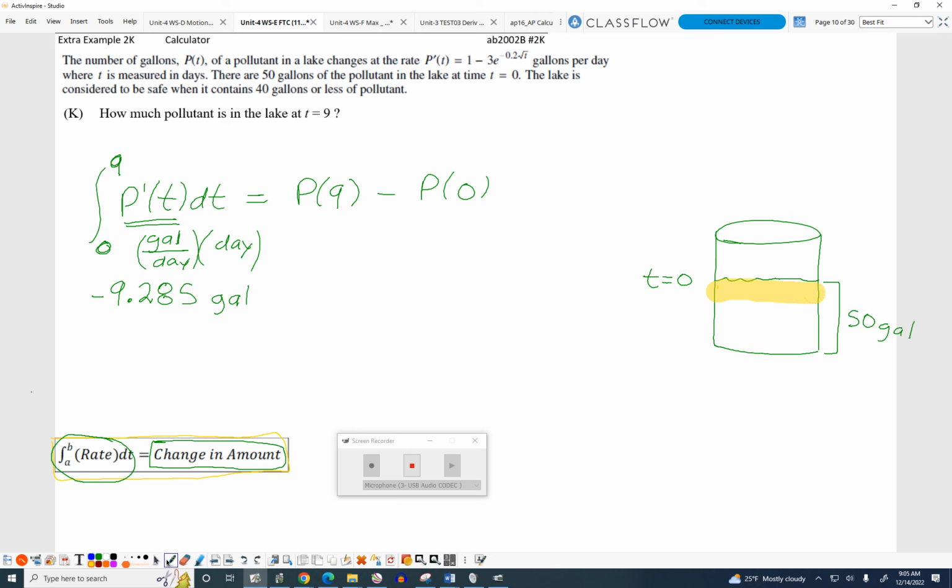Now we can see we had 50 gallons, we lost 9, so the level of the pollution at time 9 will have to be 40.715, I believe, if I remember from your last period. Yeah. Questions?